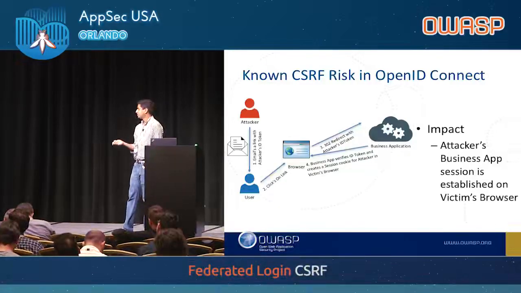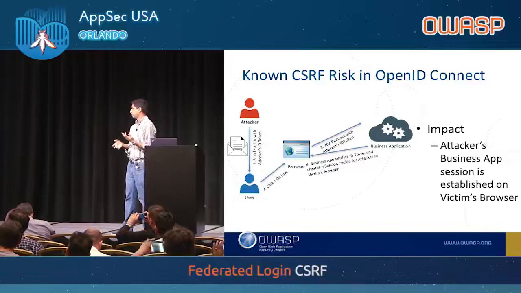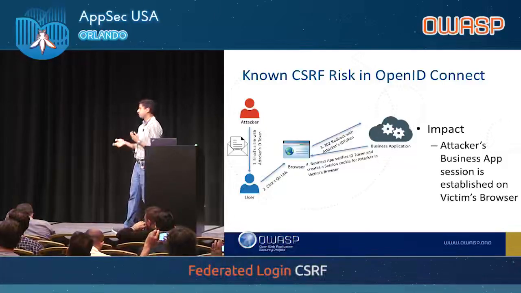When the user clicks on this link, it would send the attacker's ID token to the business application, where the business application sees that the token is valid, it is signed by the right identity server, and establishes a session for the victim, for the attacker in the victim's browser.